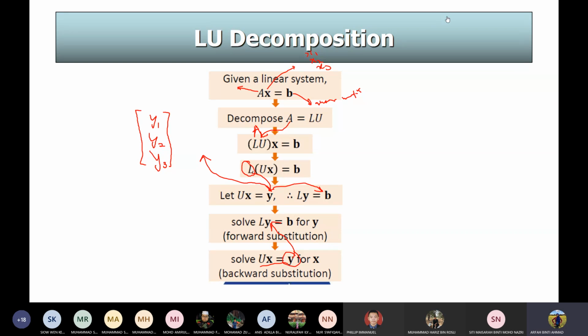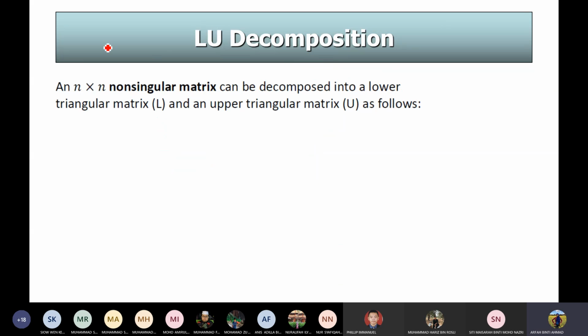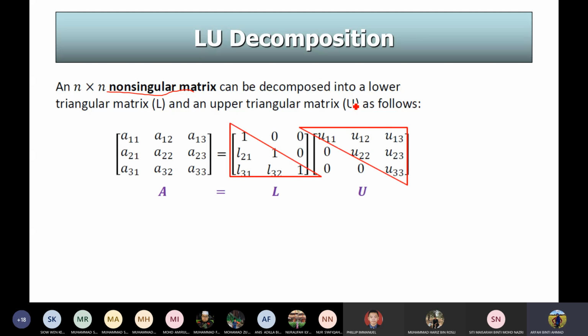Let's look in detail at what this means. An N by N non-singular matrix can be decomposed into a lower triangular matrix L and an upper triangular matrix U as follows.